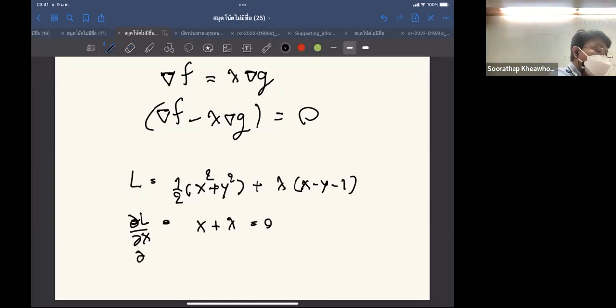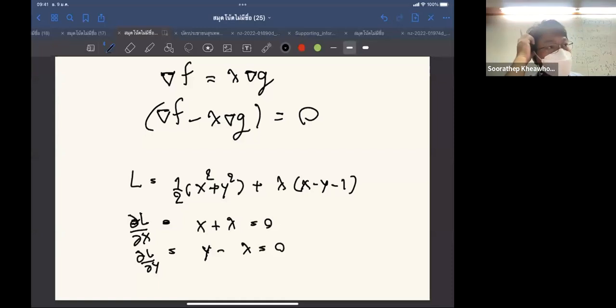And in the y component, y plus, no, minus. And the last one is easier. So you can solve for x, y, and lambda.